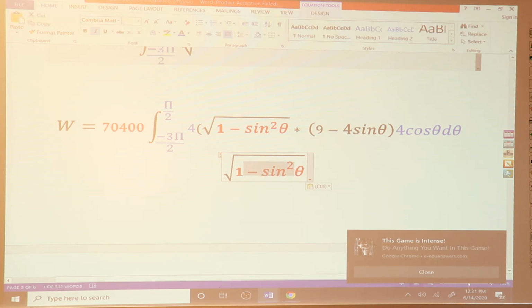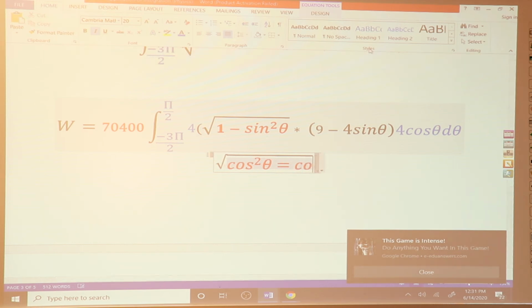Cosine square theta, and the square root of this is equal to cosine theta only.